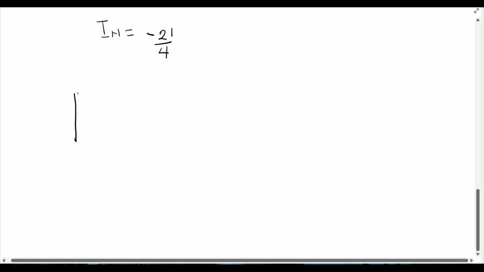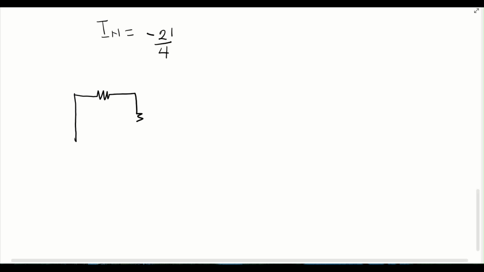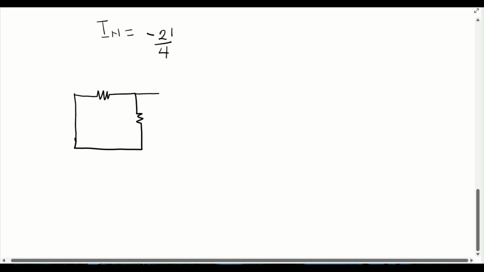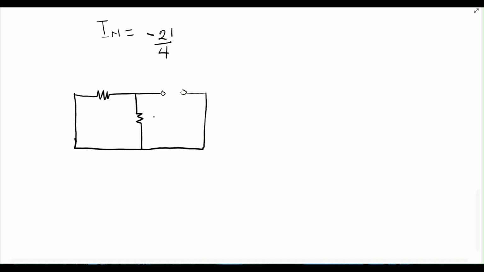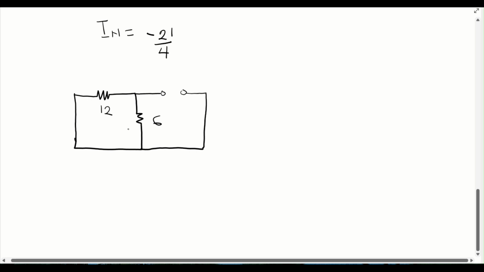The equivalent circuit is going to look like this, having the terminals. One thing that you realize is that the 6 and the 12 are in parallel. So our Norton's equivalent resistance is going to be the 12 in parallel with the 6, which is going to give you 4 ohms.